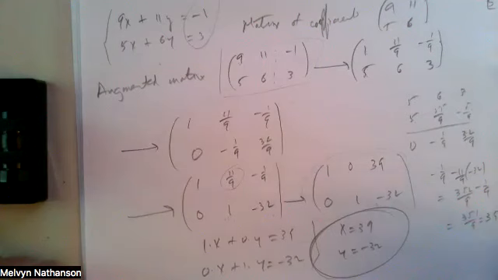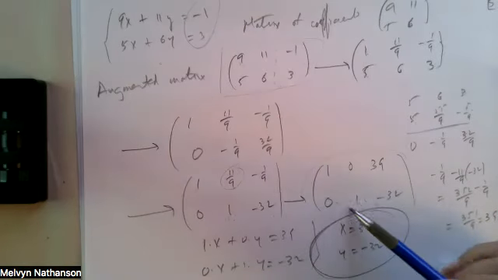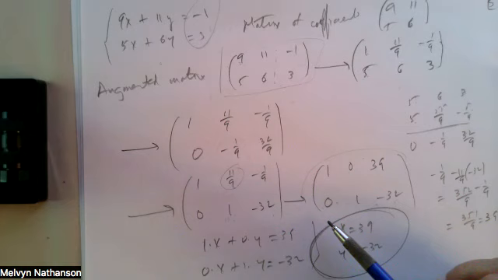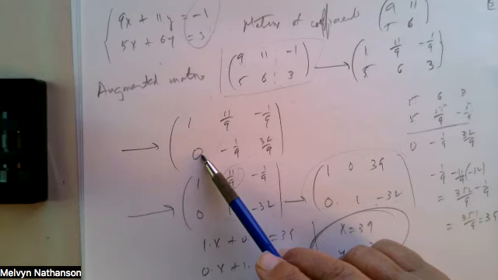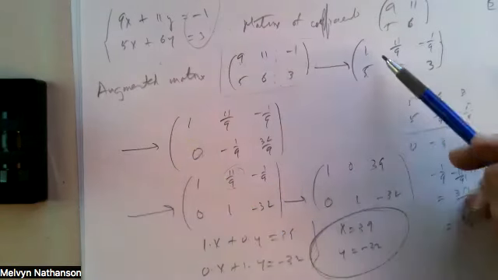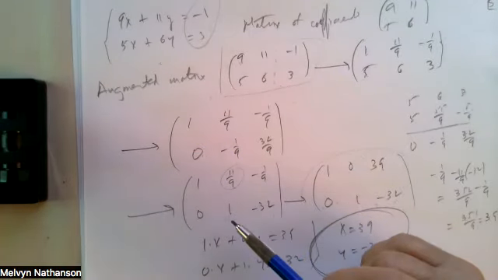Professor, I have a question. How did you get the 0 from the mirror right here? Which 0 are you talking about? The last part right here. The one on top of that. So do you see how I got this 0? I subtracted 5 times the first row from the second. And you see how I got this 1?